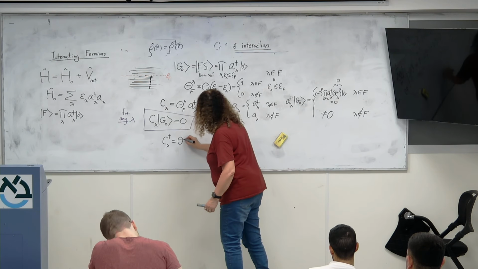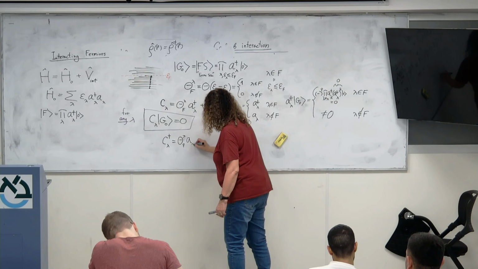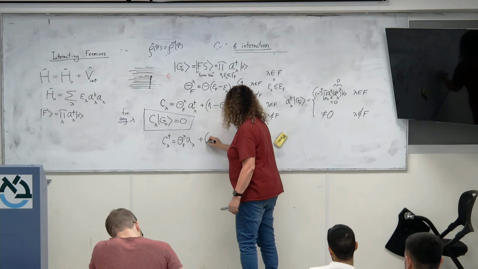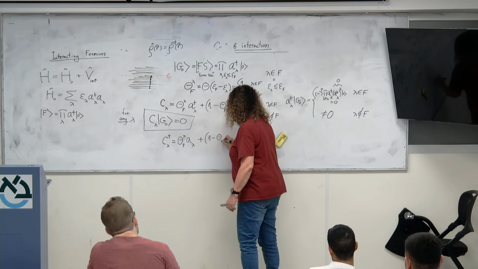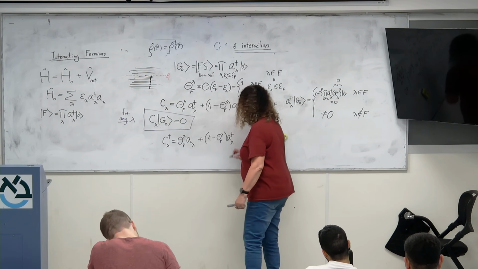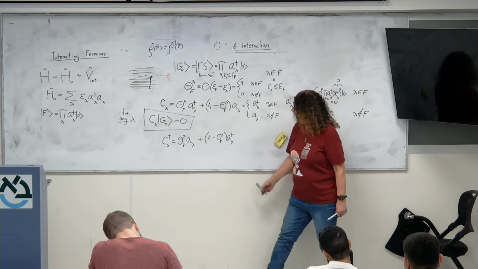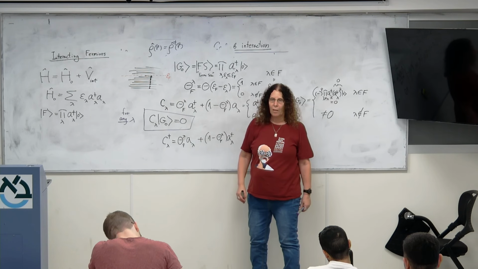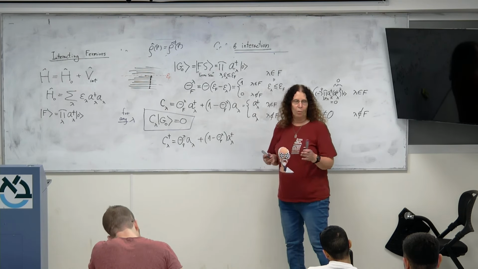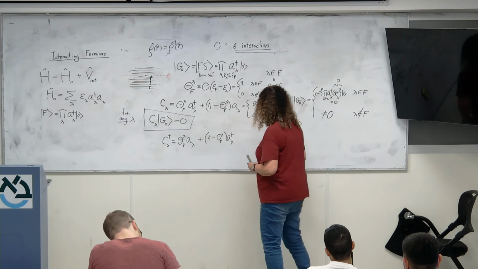So C dagger is a summation of an annihilation operator plus 1 minus theta of a creation operator, okay? And that's always creating a new particle.